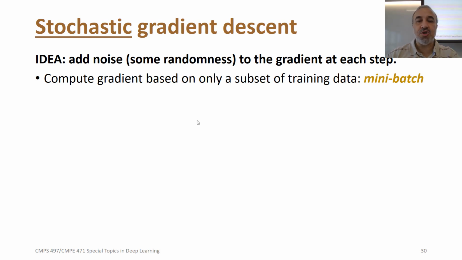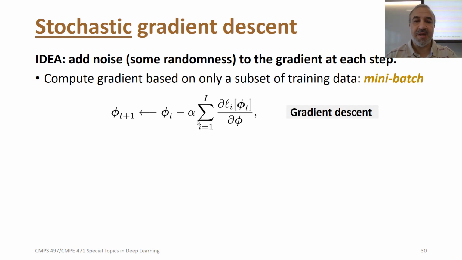Let me show you the difference. This is the gradient descent. Where is the gradient? This part is the gradient. It's taken over all training examples. This summation is over all training examples. So that means that we are computing the gradient.